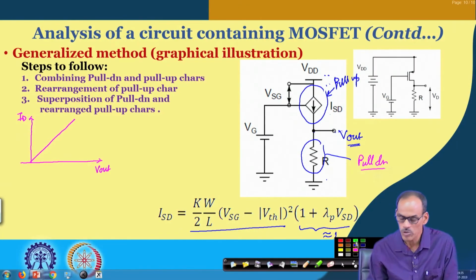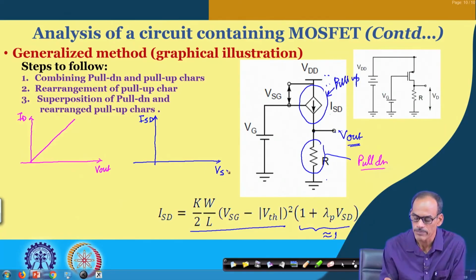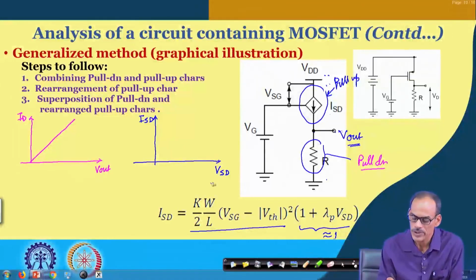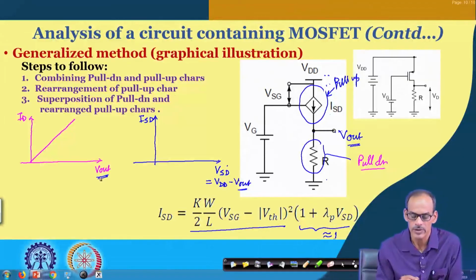Now, if you consider the pull up element, on the other hand, it is basically ISD versus VSD, and the VSD, as we said, is VDD minus V out. Again, this V out and this V out are the same, but this axis and this axis are not consistent.